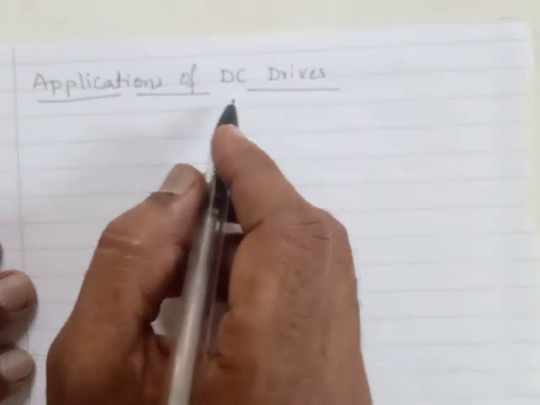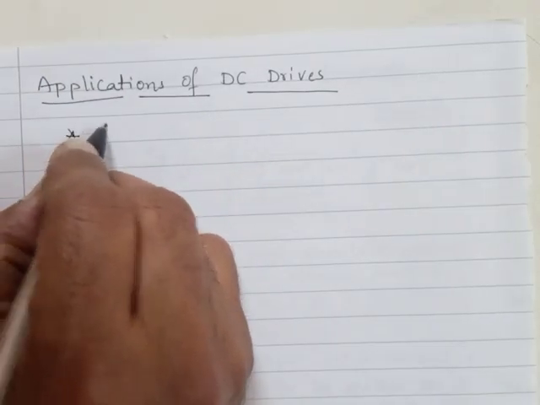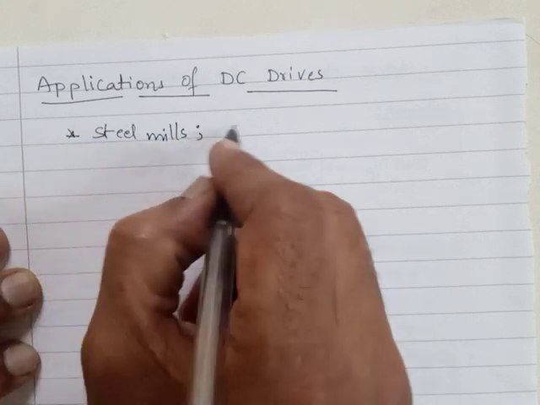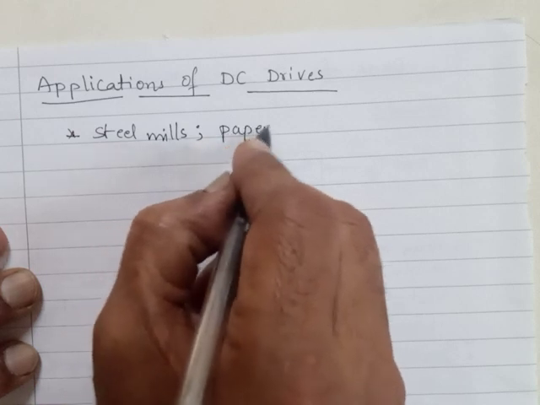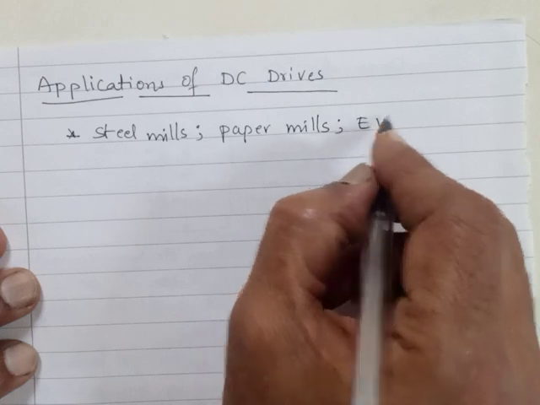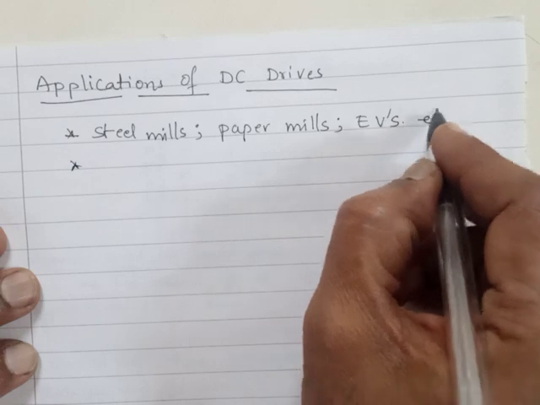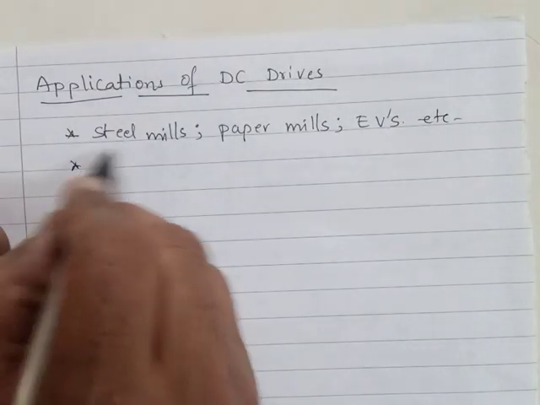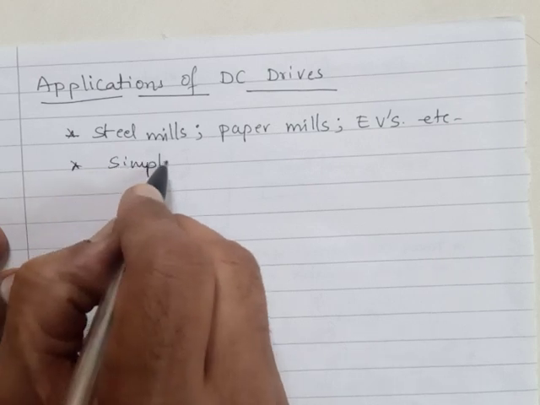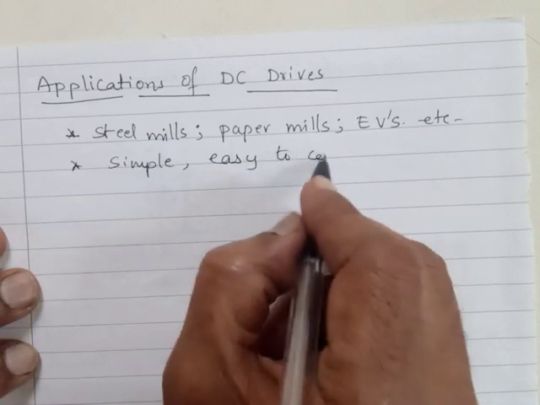So DC drives are typically used in steel mills, paper mills, where else, in electric vehicles, etc. And the reason for this is they are simple and easy to control.